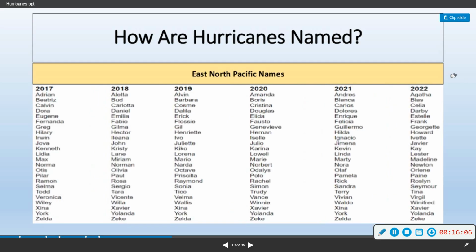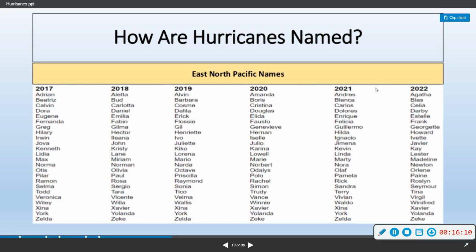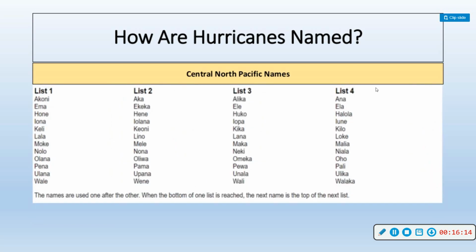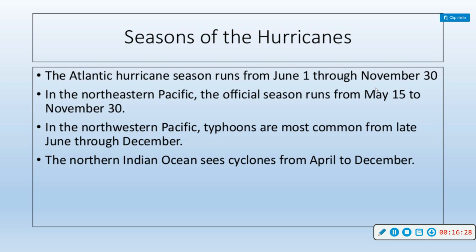Wow. Okay, so there's your North Pacific names. A little different. I see McCann. I don't think that's a name they use. Then there's your Central North Pacific names. Then here's your Indian Ocean names. I can't read those words.